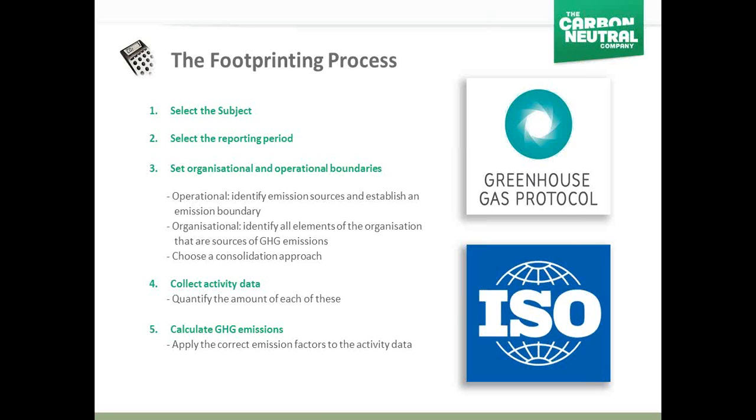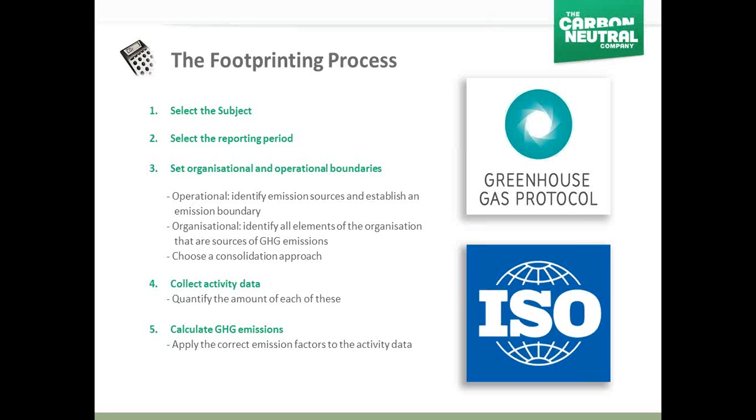So for operational boundaries, identify the emission sources pertaining to your company and establish that emissions boundary. For organizational boundaries, identify all entities of your organization that are sources of greenhouse gas emissions and choose a consolidation approach. You'll choose to follow the operational control approach, the financial control approach, or the equity share approach to consolidate your emissions.